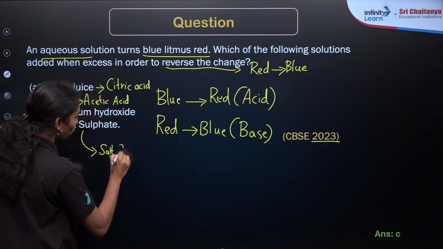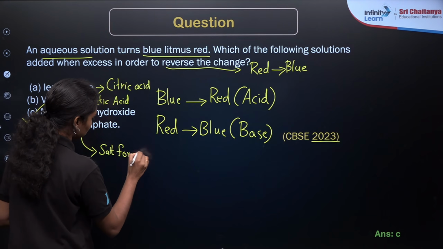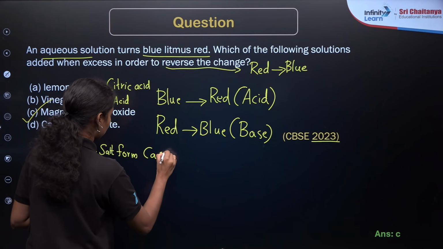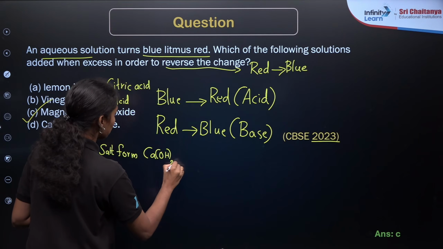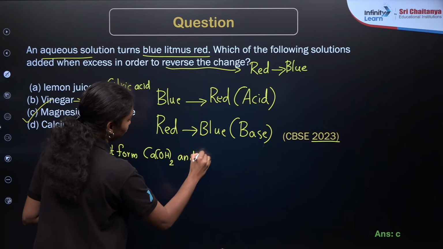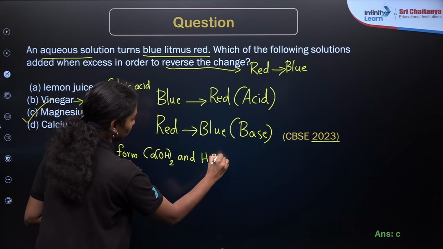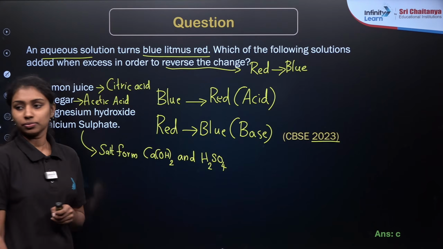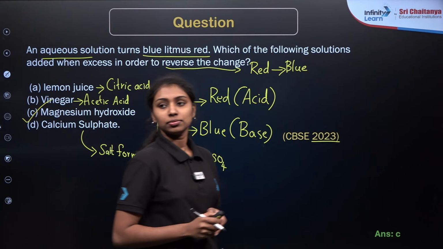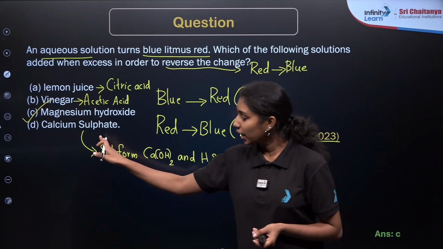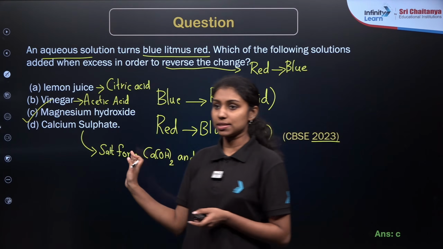So this is a salt formed from calcium hydroxide and sulfuric acid, right? Clear? Any doubt? So from the salt you can identify the parent acid as well as the parent base.